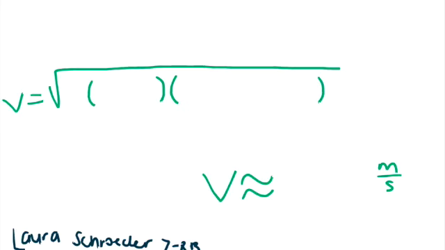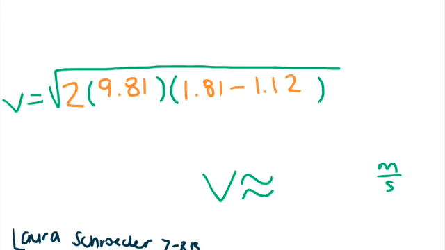So now we plug in our variables. So V is equal to the square root of 2, which is part of the formula, and then g, which is 9.81, and then h1 minus h2, which is 1.81 minus 1.12.